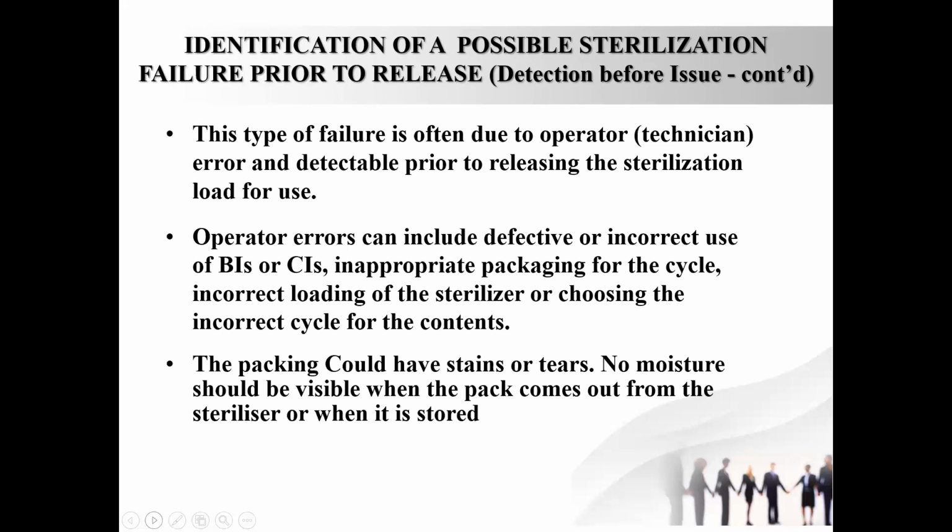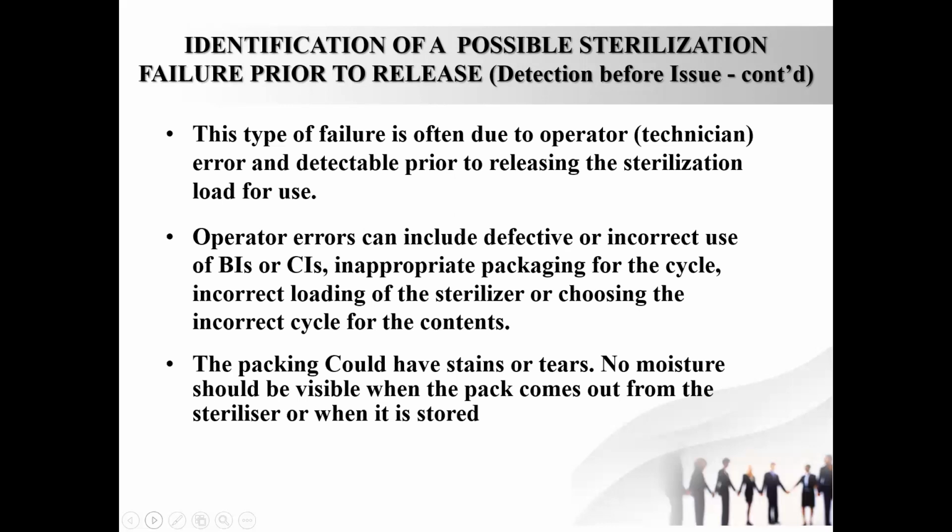So detection before issue, how does it take place? This type of failure is due to operator, that is technician, error, and this is detectable, as we said, before releasing the load. These include defective or incorrect use of BI or CI, incorrect packaging for the cycle.